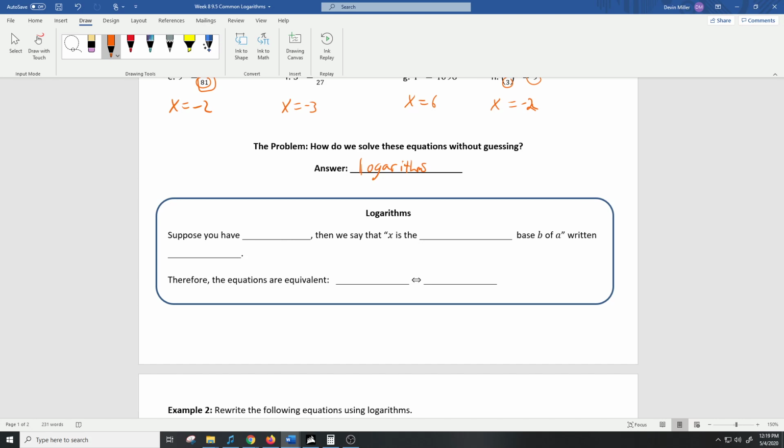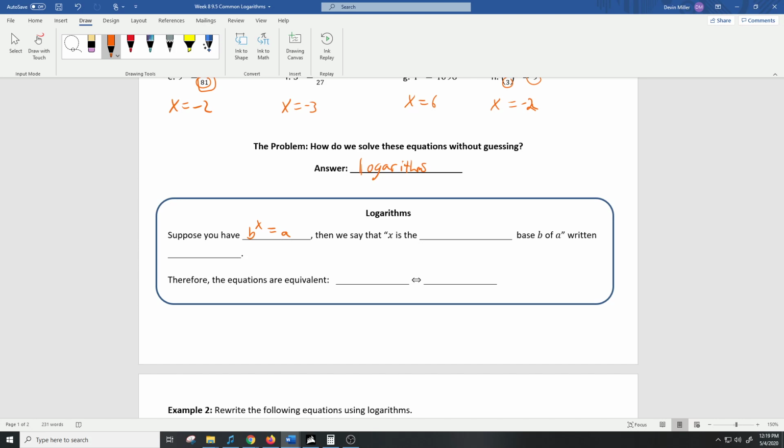Okay, suppose you have, we'll say b to the x equals a. So this is just our exponential thing. B and a are just going to be numbers.